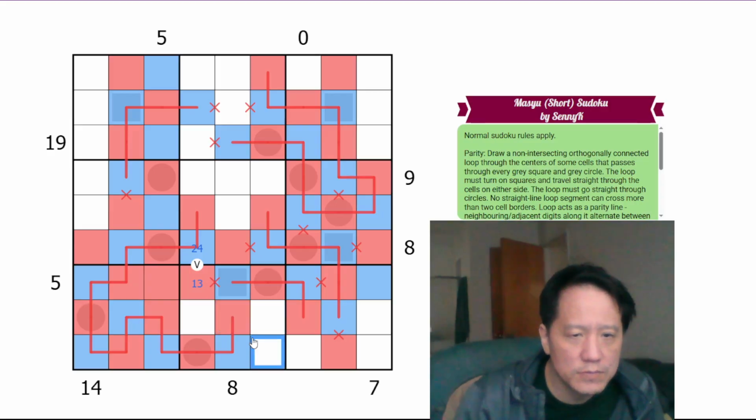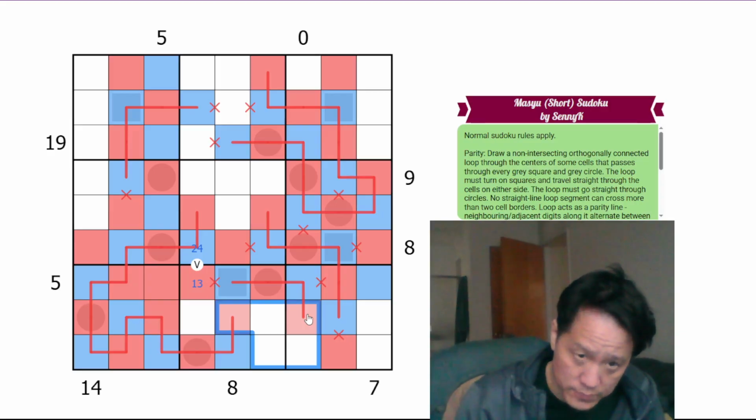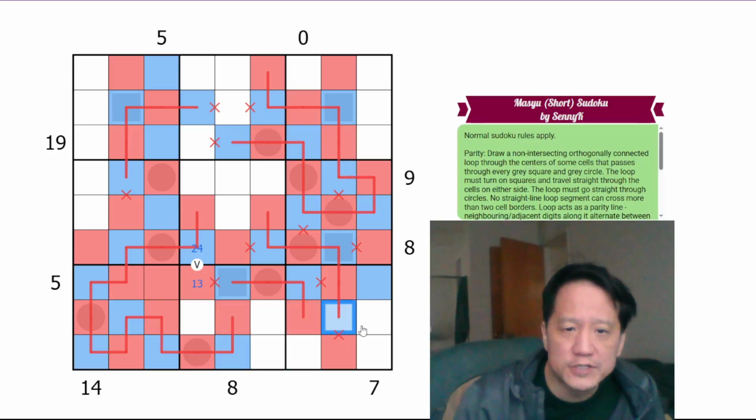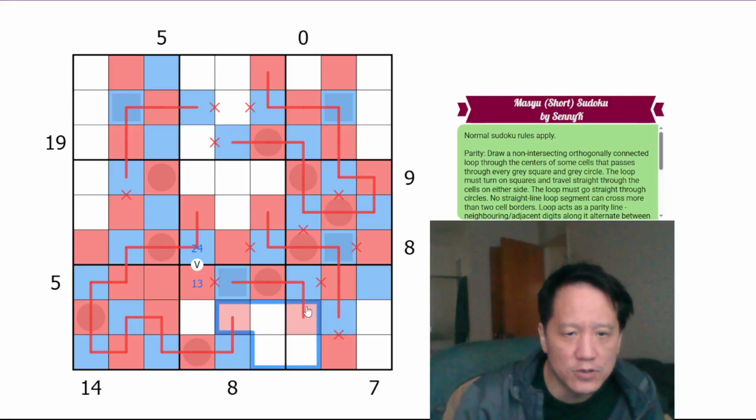This... so say we tried connecting this way. What would this connect to? It can't connect to anything because it would be blocked by the loop here and here. This would be intersecting itself if it weren't. So this cannot go this way and connect here. What about going this?